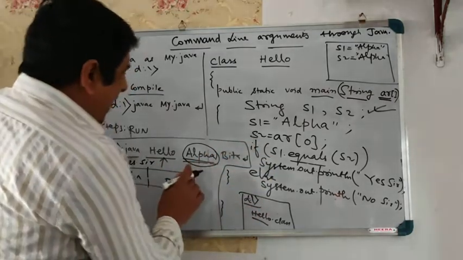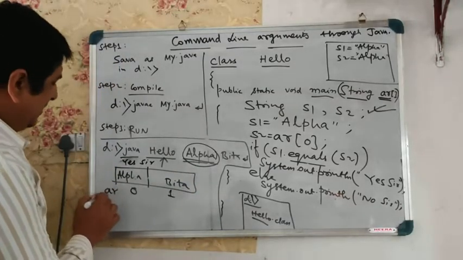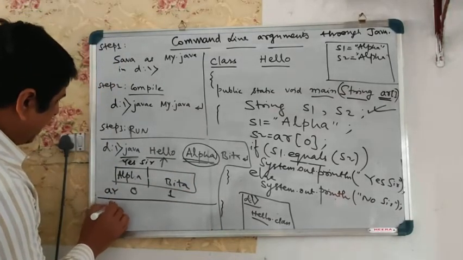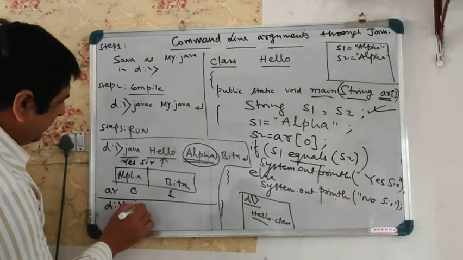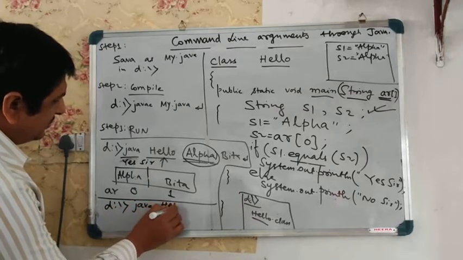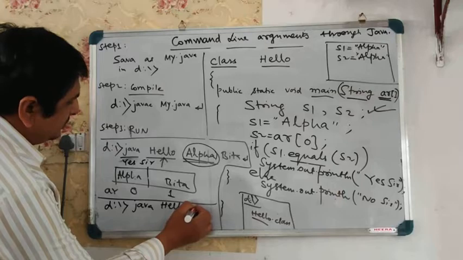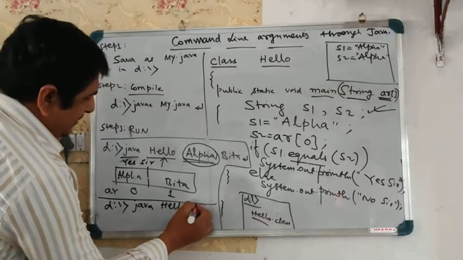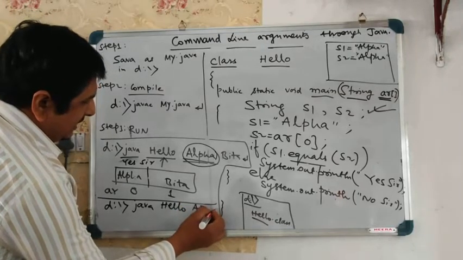Now if I pass in our second run, in the D drive, Java hello, I am writing whatever, AB, enter.